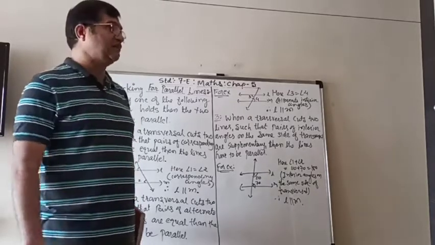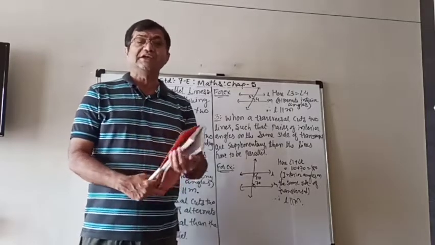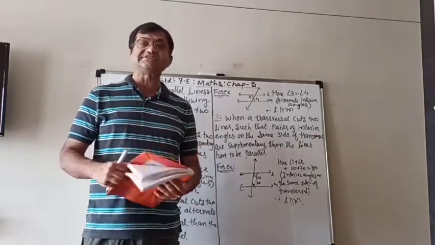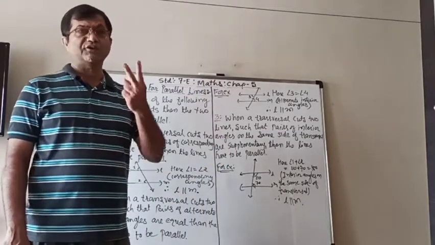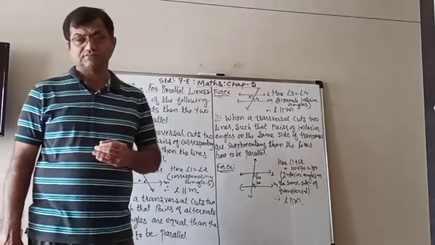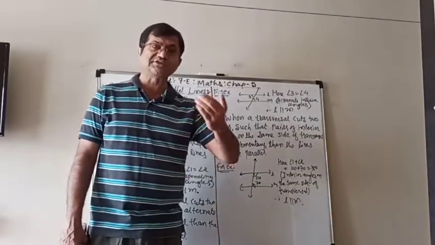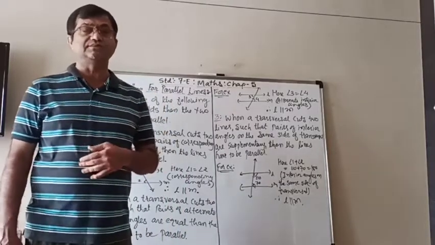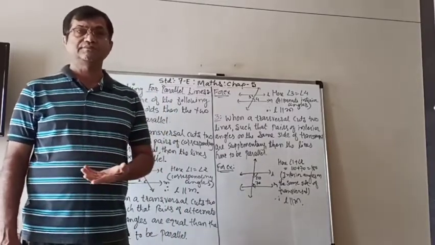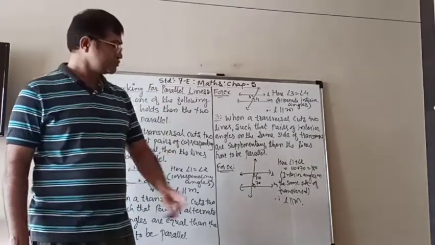It means that here we have to check the measurement of interior angles on the same side of the transversal. If one pair is supplementary, meaning the sum of the measures of those two angles is equal to 180, then definitely the lines are parallel.